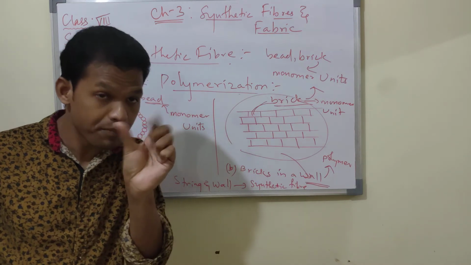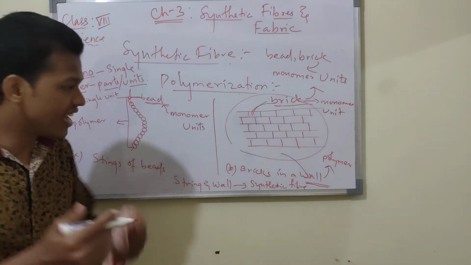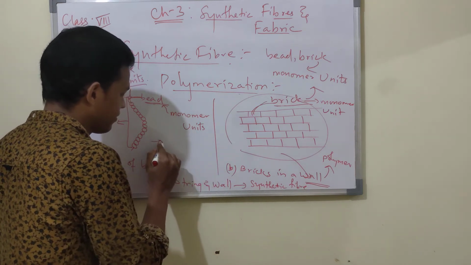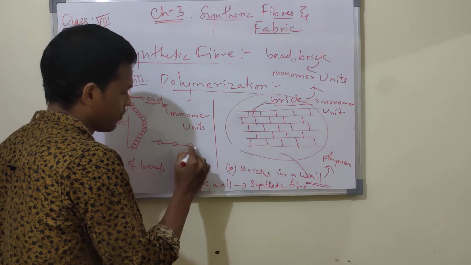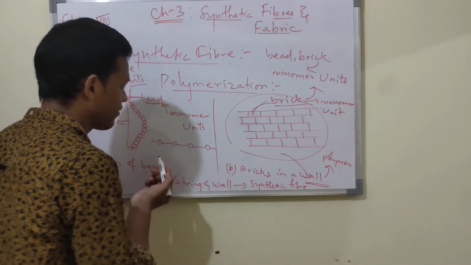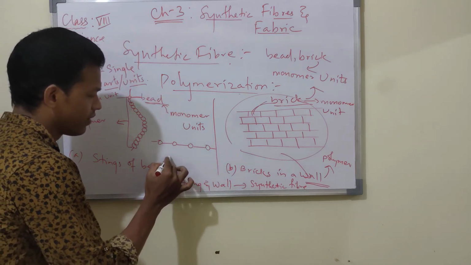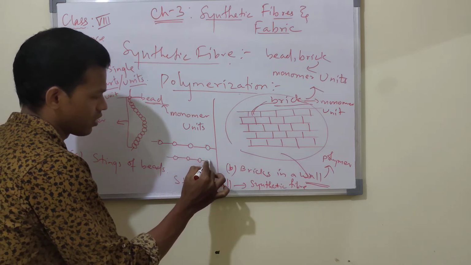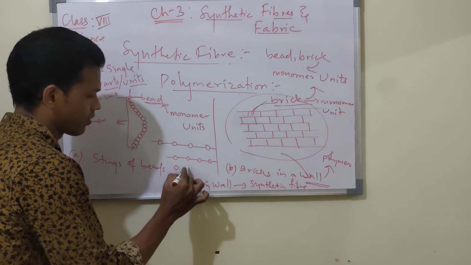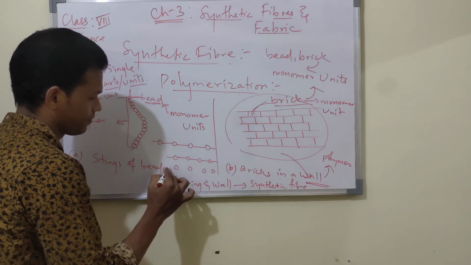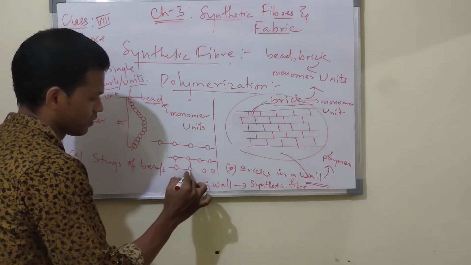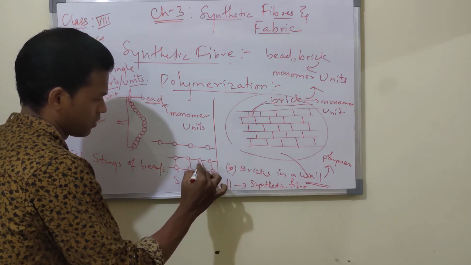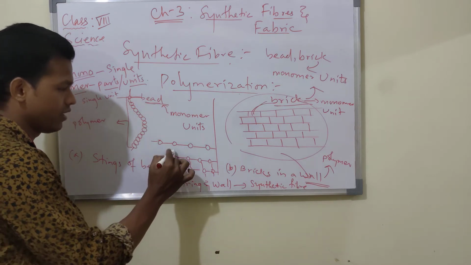These chemical substances are combined together, linked in a linear fashion. If you see it like this, it will be in a linear fashion, or you will find it in a cross-link fashion.